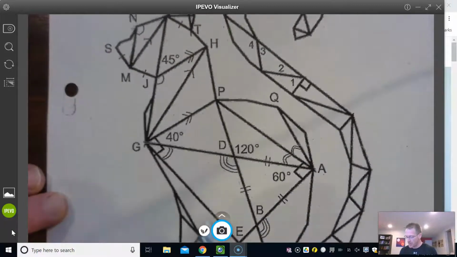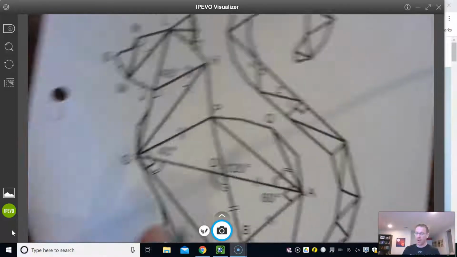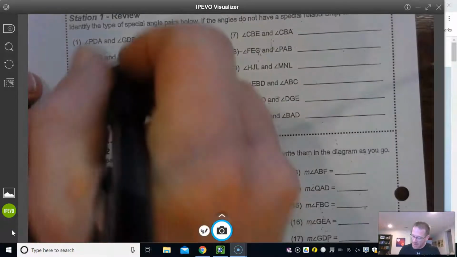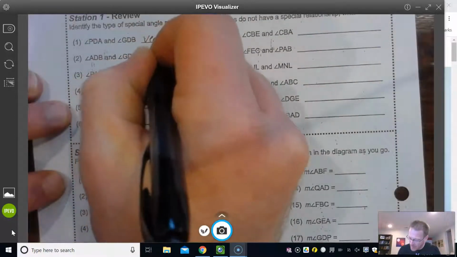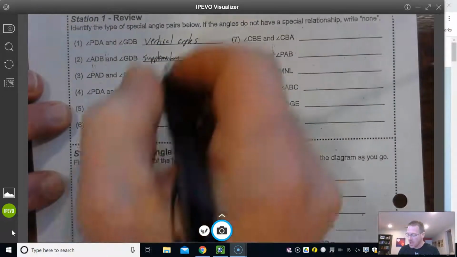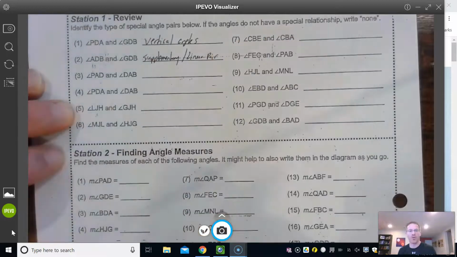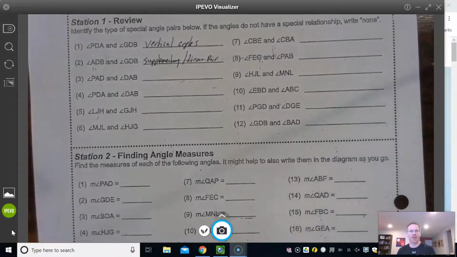Sorry when I flipped over. So GDB is here, and ADB is here. There are actually 2 ways to describe these 2 angles. One way we could label those is that those are definitely supplementary angles, but you could also say they're a linear pair. Those would both be correct names for those types of angles.